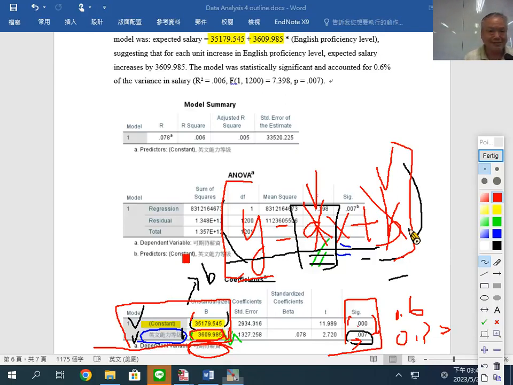But sometimes, let's think about another scenario. Be careful. That is, sometimes we could have the p-value here significant, less than 5%. But here, the significant level for this one, let's say, is 0.22, higher than 5%, right? So basically, this means the change of X does have an impact on the change of Y, but the constant has no effect.